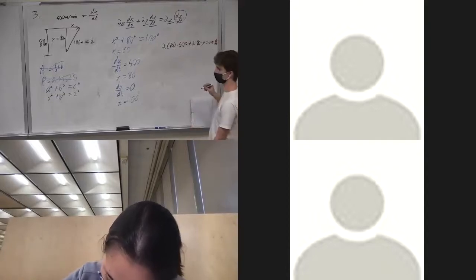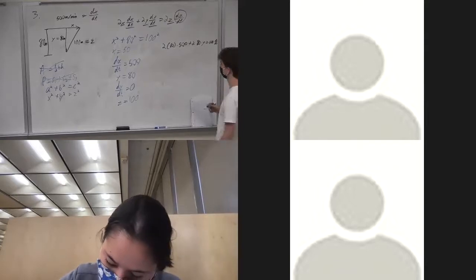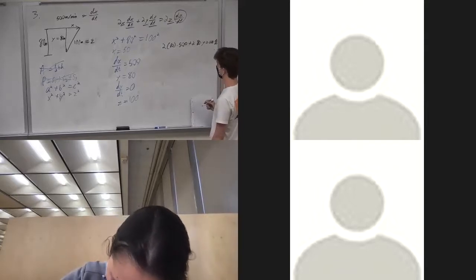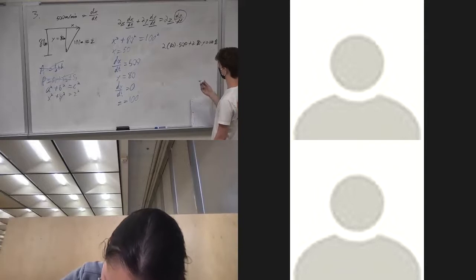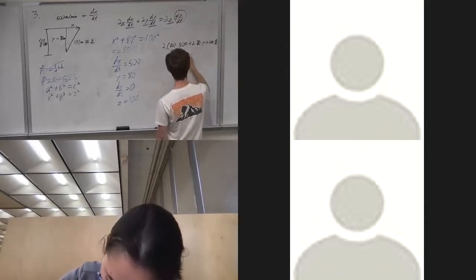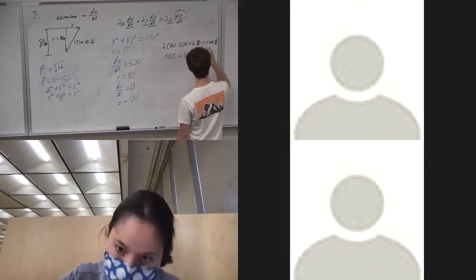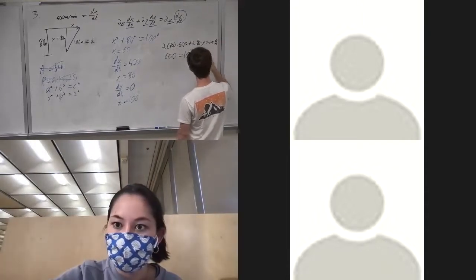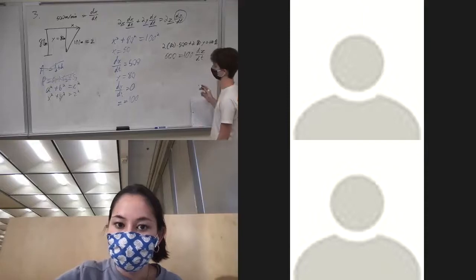Sorry, I feel like I can barely read that. Okay. Is that like 1,000? It's like 6,000? Oh, 120 times 5.